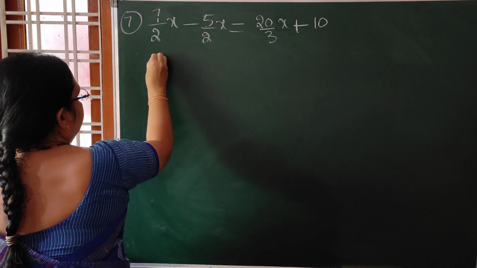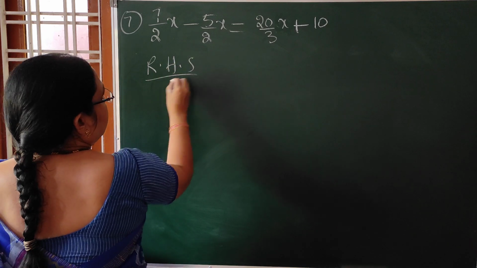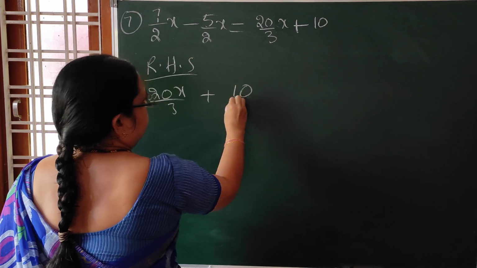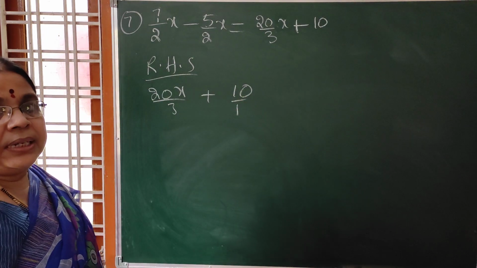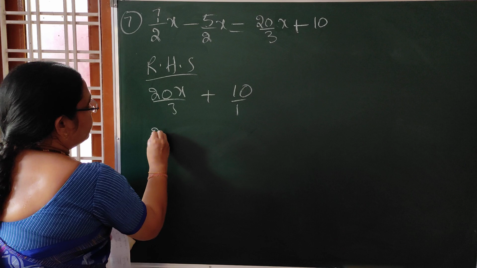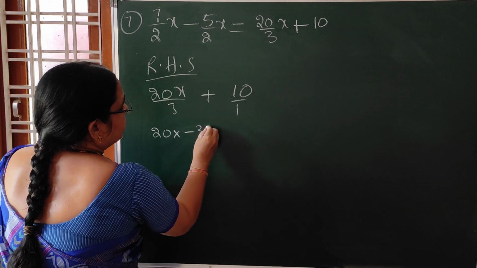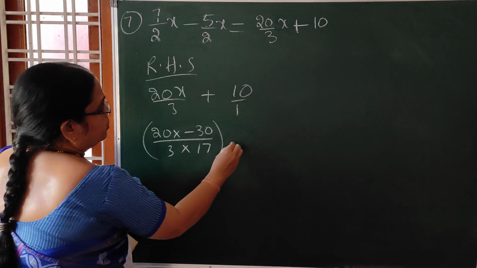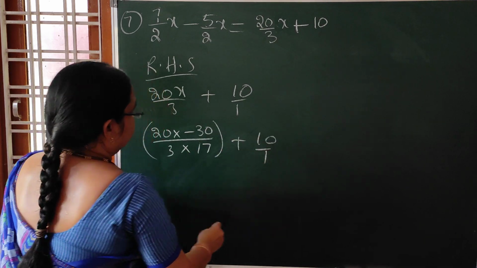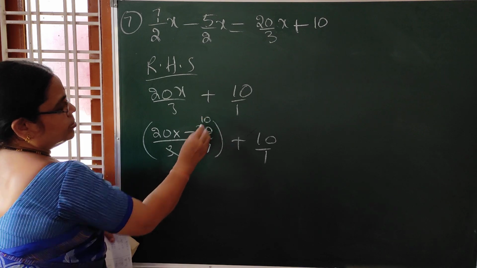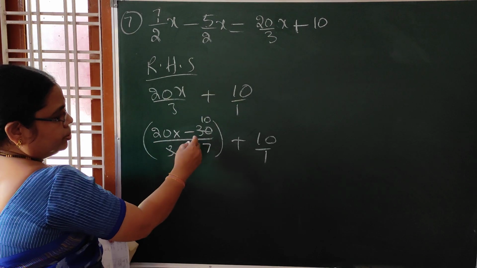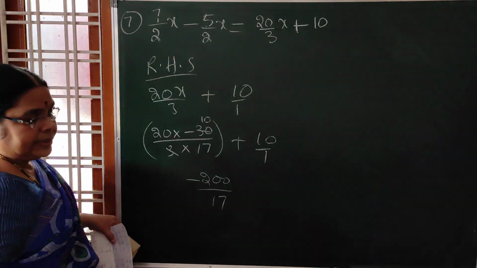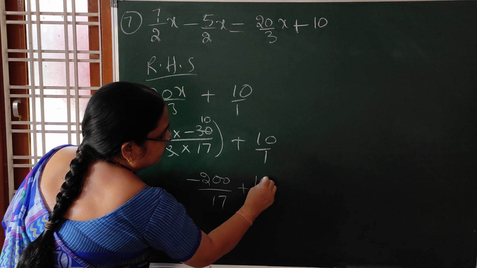RHS, what is given? 20x by 3 plus 10. X is equal to, we got minus 30 by 17, plus 10 by 1. So this is going 10 times. 3 times are 30. 20 into minus 10 is minus 200. Minus 200 by 17 plus 10.